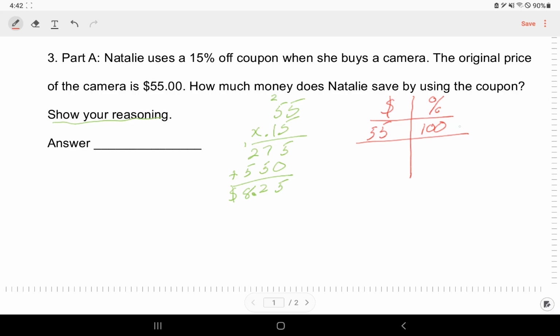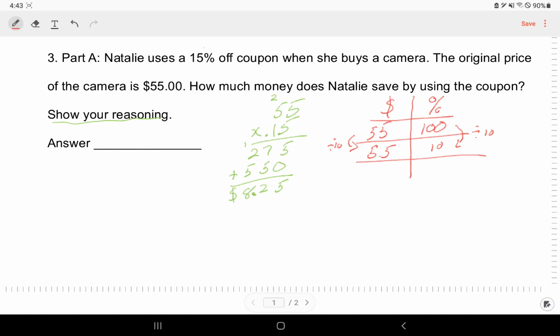Well, me, I want to get down to 15. So, I would say divide by 10. That gets me to 10. And so, divided by 10 gets me to 5.5. Well, so that gets me to 10%.